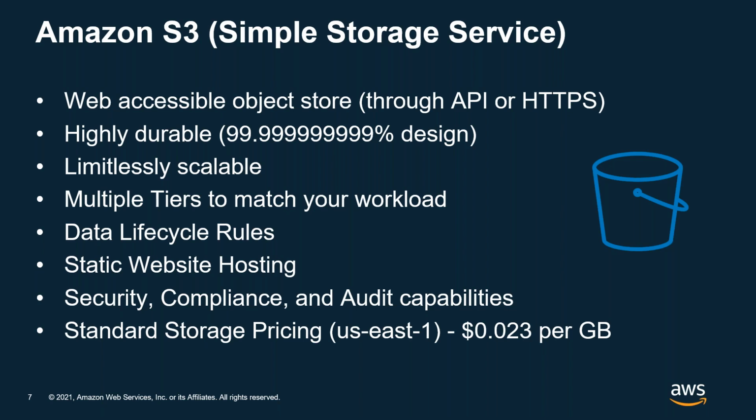There are also multiple tiers. By tiers, we also mean storage classes. We started off with one storage class, S3 Standard, back when it first launched, and we've grown to multiple now. We'll talk more about some of the differences between those because some of them may be more applicable to a specific use case than others.